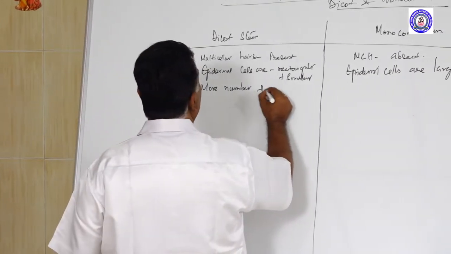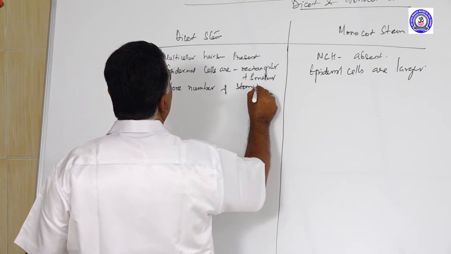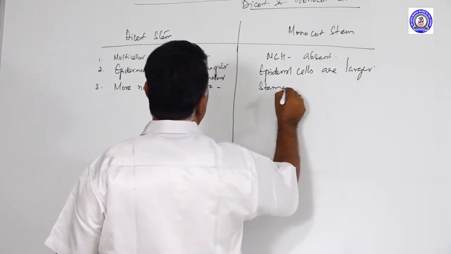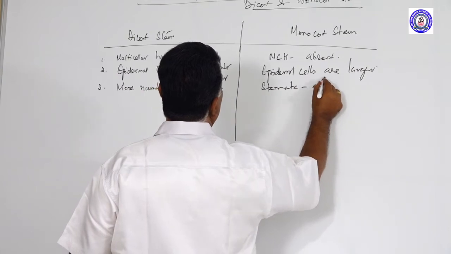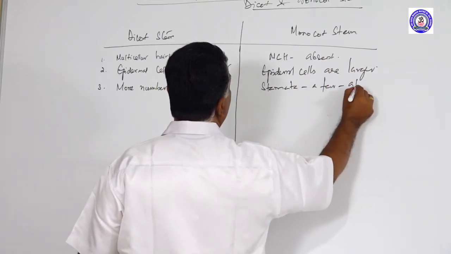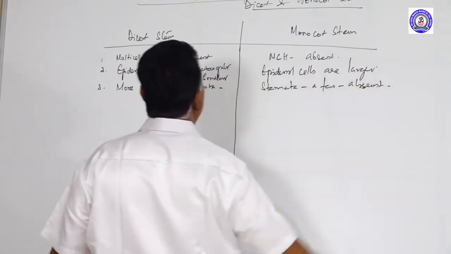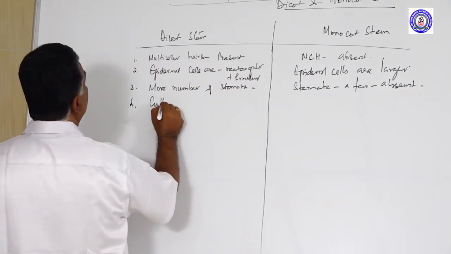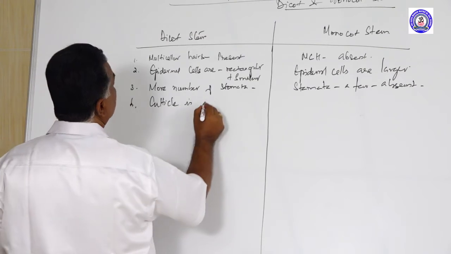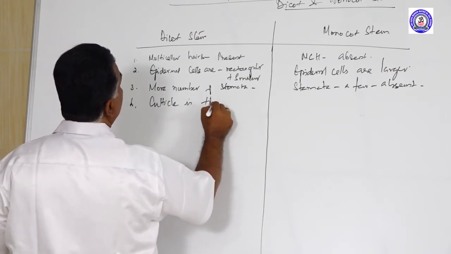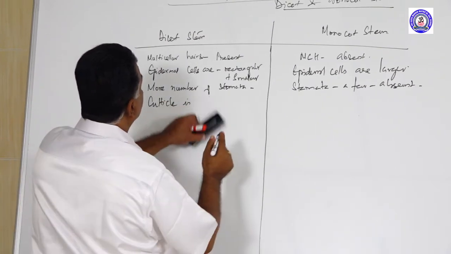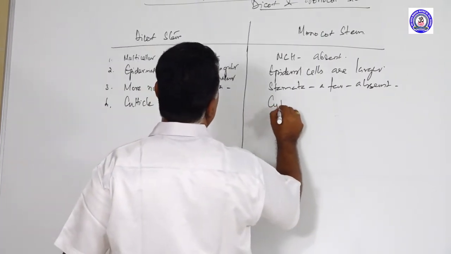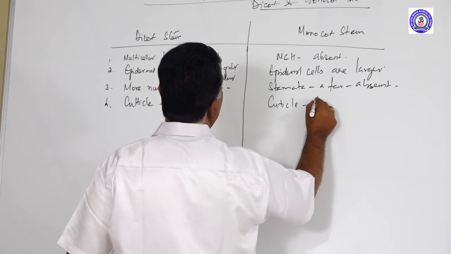In the monocot you have few stomata, sometimes absent. And cuticle: in dicot, cuticle is thin. In monocot, cuticle is thick.